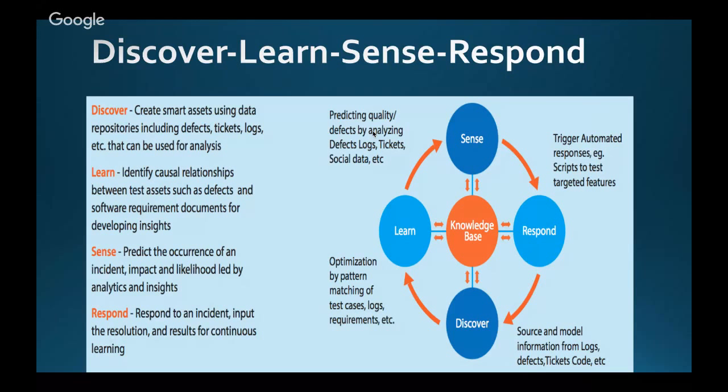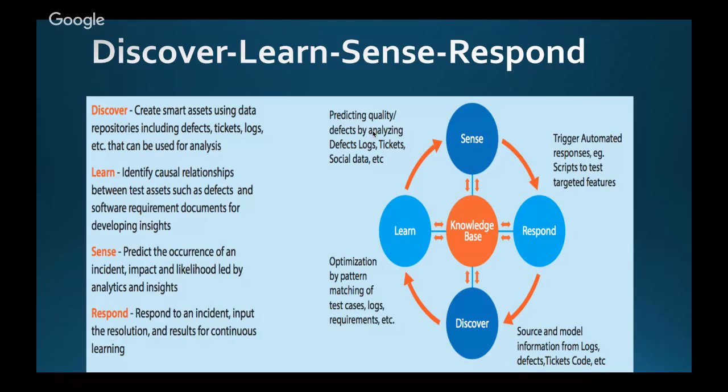The whole software system will be based upon a discover, learn, sense, and respond mechanism. Now, what is the discover, learn, sense, and respond mechanism? When I say discover, create a smart asset using data repositories which have defects, tickets, logs, etc. that can be used for analysis. So you should have data repositories, real-time data, user data with different kinds of requirements, tickets, information, logs, issues that can be used for analysis.